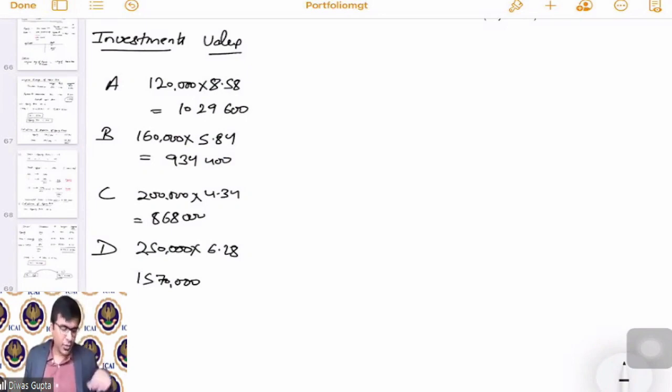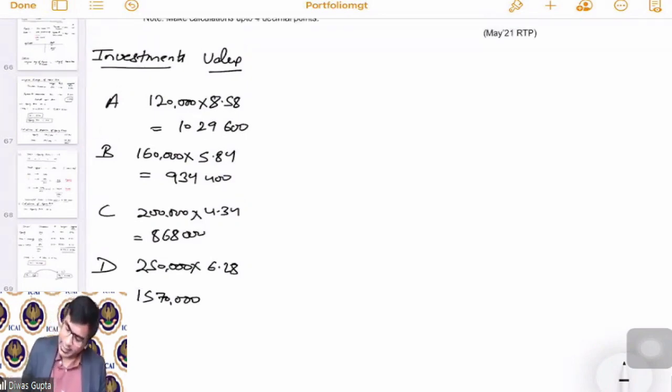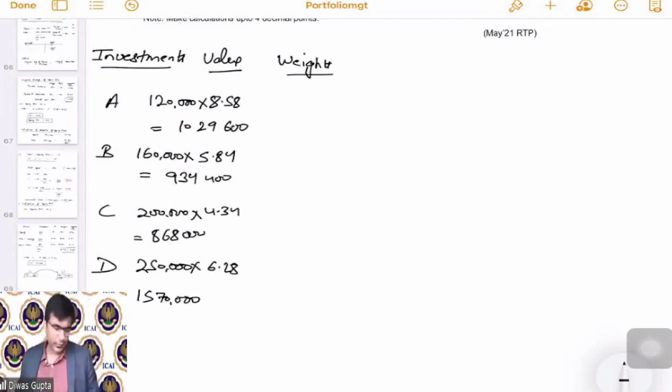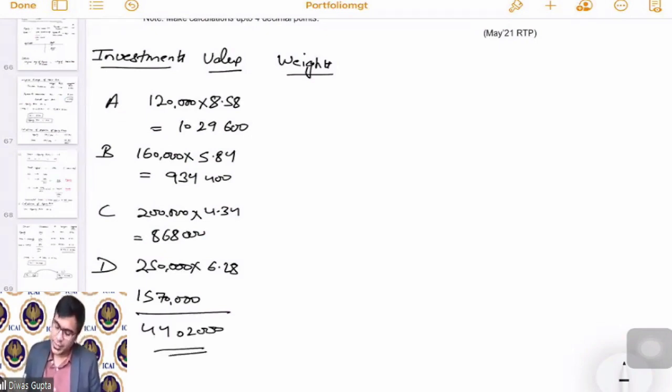Okay, students. So now the weights come out by dividing the values by the total, 44 lakh 2,000. So 10,29,600 divided by 44,02,000 comes as 23.39%.